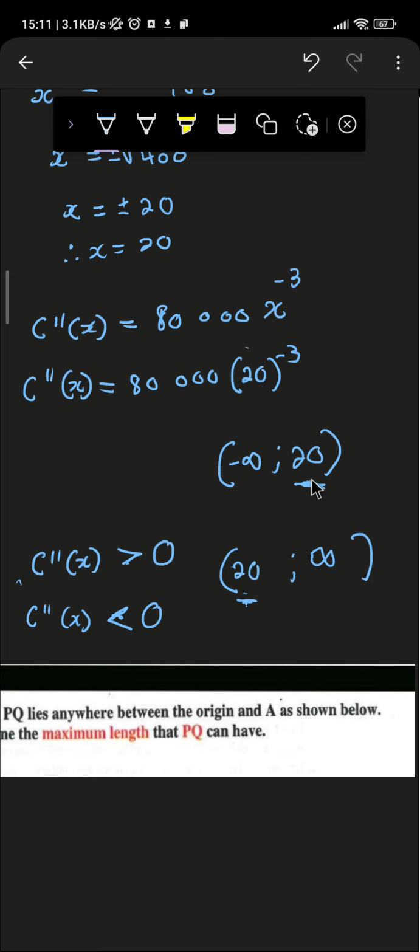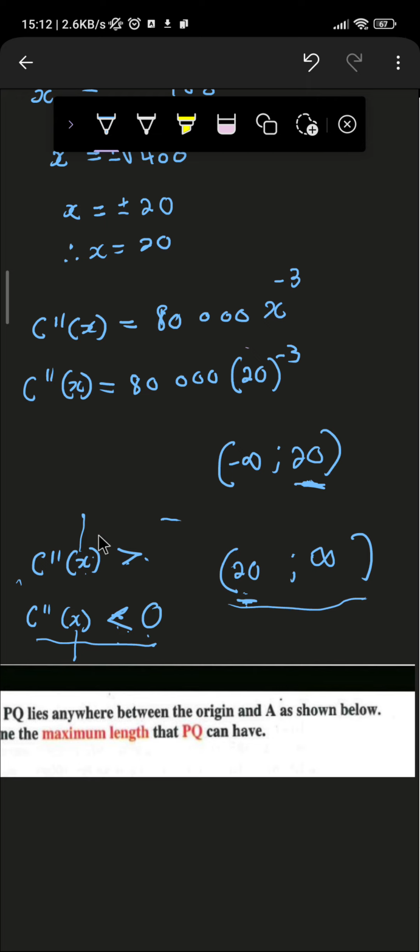It means 20 is our maximum. So note here, when you derive twice and you get a value that is less than 0, it means this value of x is a maximum. When you derive twice, you substitute the value of x, you get a value that is greater than 0, which is this situation, it means that value is a minimum.